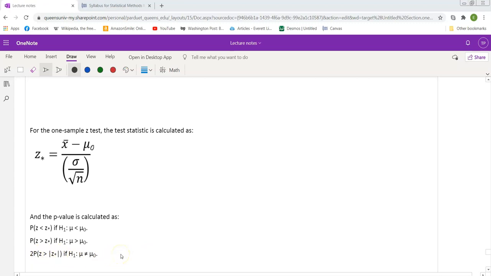If you don't understand that, don't worry about it. This one is a little bit harder to understand, so as long as you can do this, that's okay. I just need you to know that you take the absolute value of the test statistic, find the area to the right, and multiply it by 2. We'll see an example just like that in a minute.